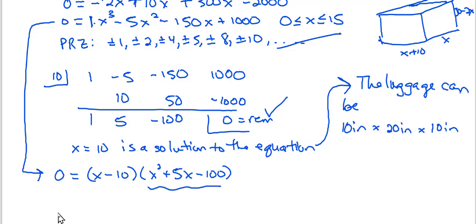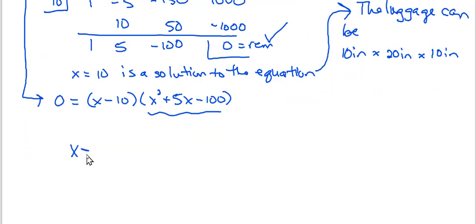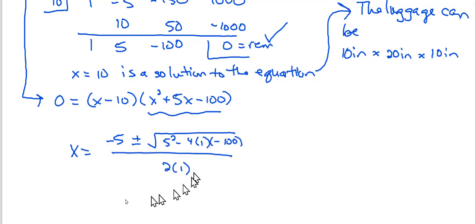We're going to try to solve that with the quadratic formula. Negative 5 plus or minus the square root of 5 squared minus 4 times 1 times negative 100, all over 2 times a, which is 1.